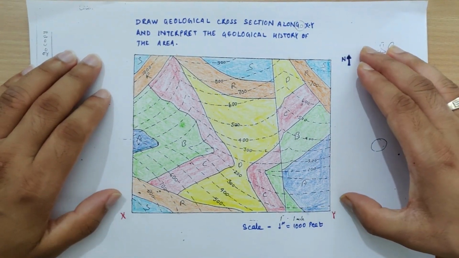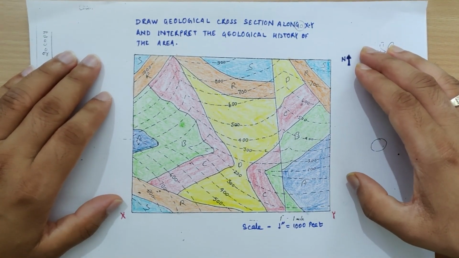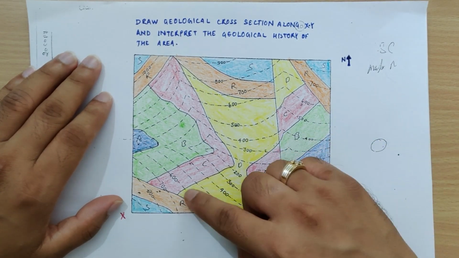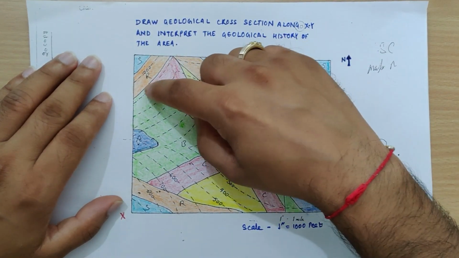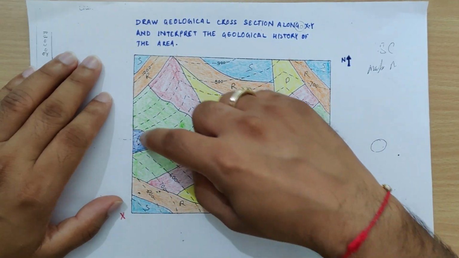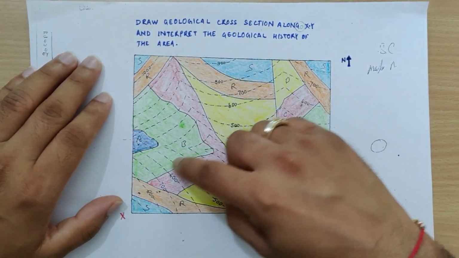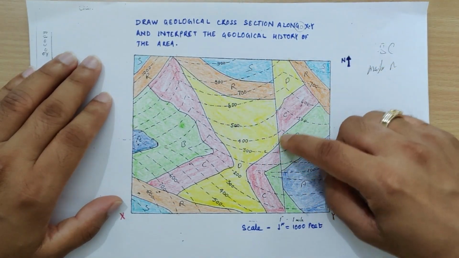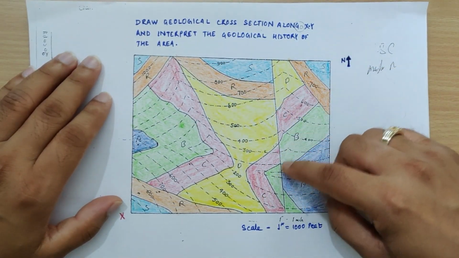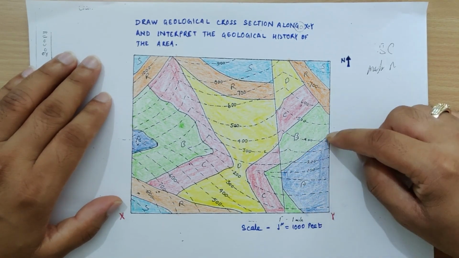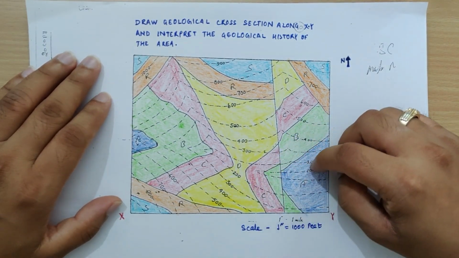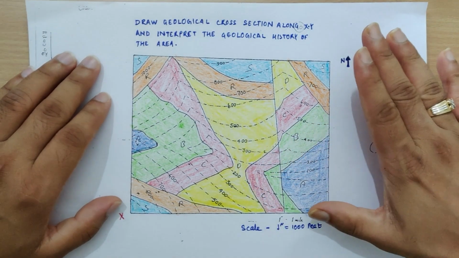The geological map, in fact, is a bird eye view map where the traces are plotted at different positions. We plot them as they are occurring in the field. And now, for information of relief, the contour lines are drawn.